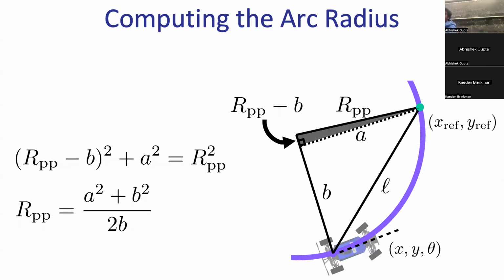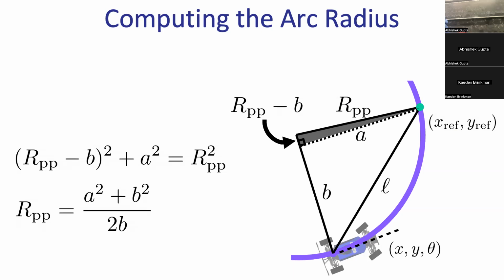We've said R_PP is A squared plus B squared by 2B, and we know that tangent delta is equal to L over R. Those are things we know. Now we want to express A and B in terms of quantities that we know. I think it's easiest understood by imagining you take this whole frame of reference and rotate it, and it's going to become easier to understand.